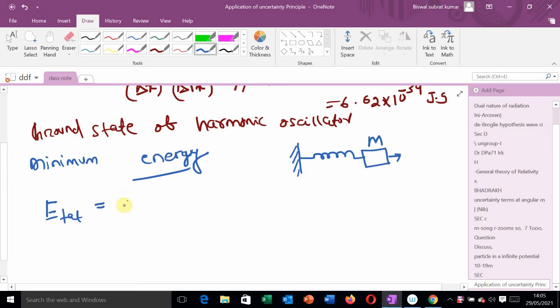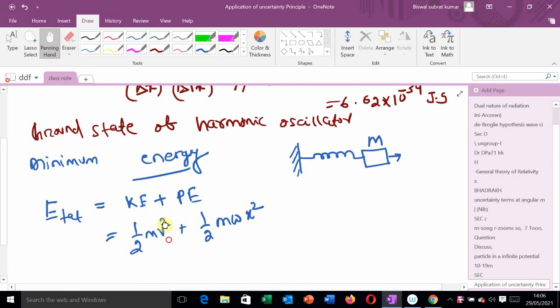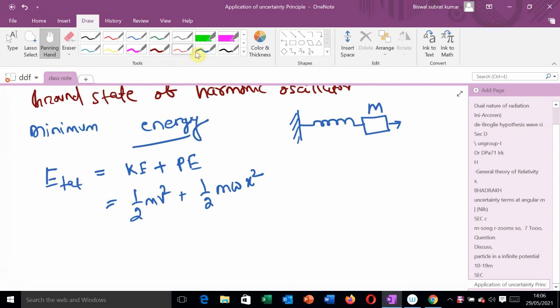In this case we can write the total energy of the harmonic oscillator as the kinetic energy plus the potential energy. The kinetic energy can be written as half m v square, and the potential energy as half m omega square x square. This spring harmonic oscillator motion is a one dimensional motion, along one direction, the x direction.